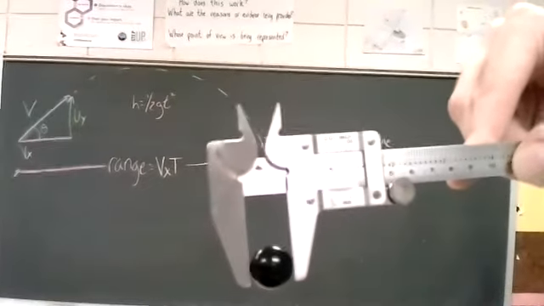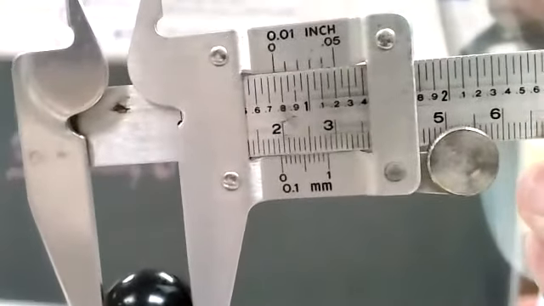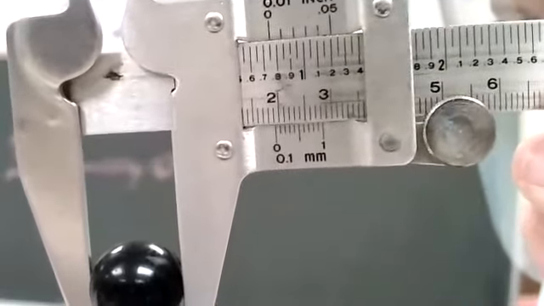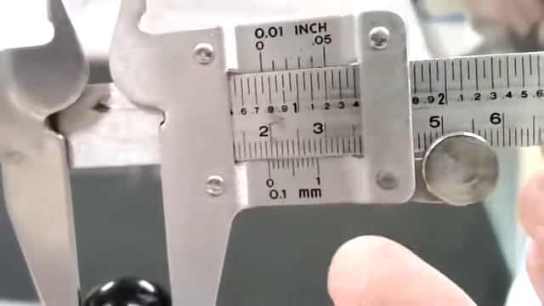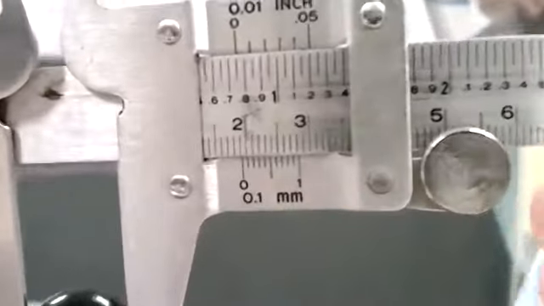So here we've got, pretty good, 1.9. See how the marker is just before the 2? So 1.9 centimeters is the width of the marble.